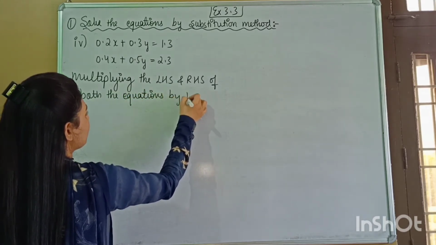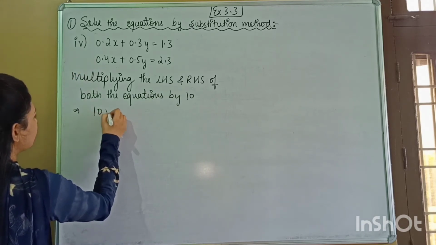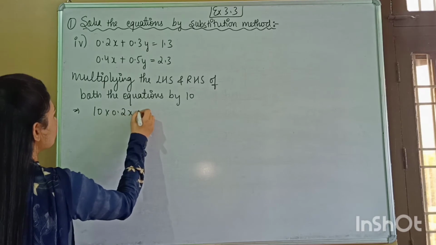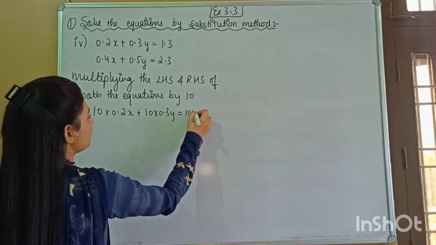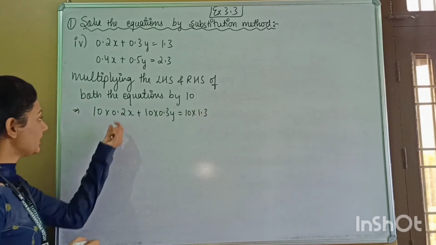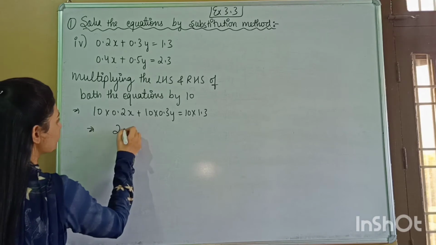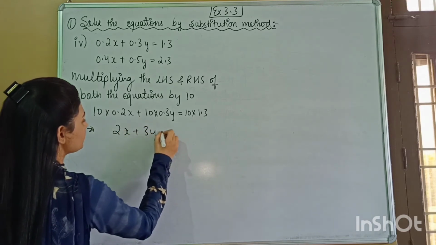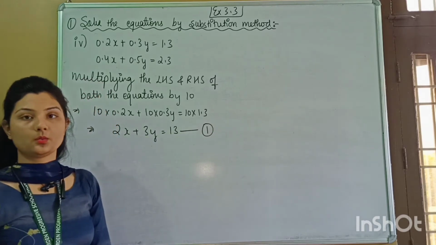by 10. So multiplying this by 10, 10 into 0.2x plus 10 into 0.3y will be equal to 10 into 1.3. So multiplying this 0.2 by 10, we will get simply 2x plus 3y is equal to 13, and name this as equation 1.